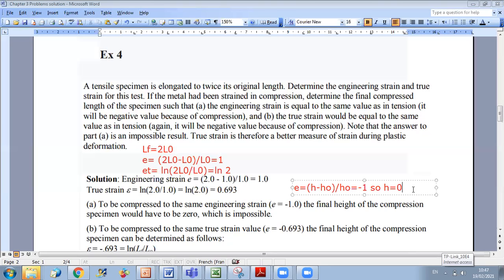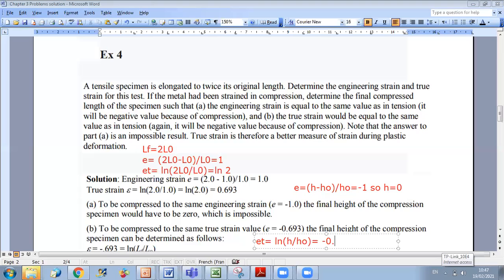Now, if I want to find what the final height should be to obtain a similar true strain, I apply the definition of true strain: true strain equal to ln of h over h0, and it is equal here to minus, I take the same value but put a minus because it's a compression test.